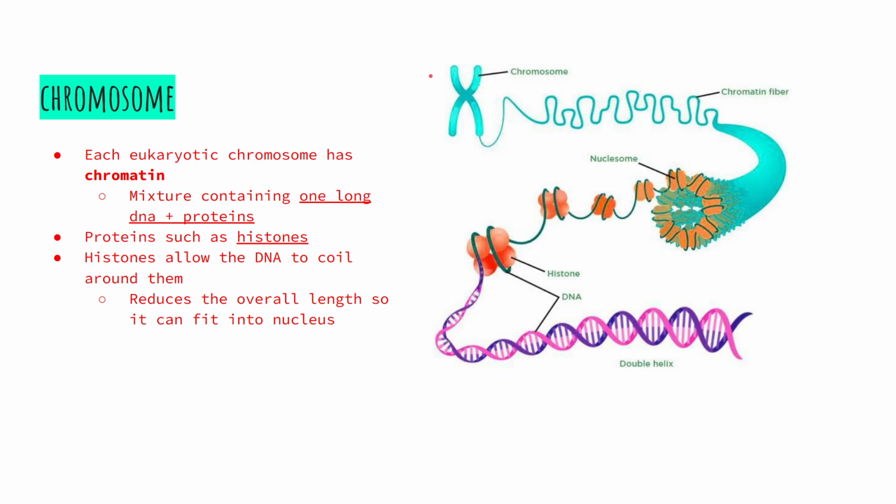So the chromosome is DNA in its most condensed form, and this chromatin contains a mixture of one long DNA strand and proteins. These proteins are called histones, and they allow the DNA to coil around them. This reduces the overall length so that it can fit into the nucleus.